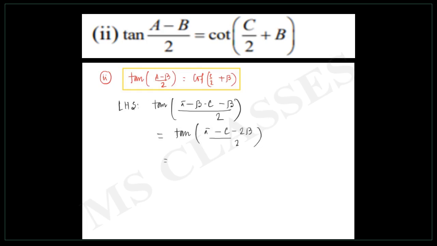Now on simplification, what can we write? Tan (pi minus c plus 2b) by 2. Now it is an odd multiple of pi by 2. So this will be cot, so cot (c by 2 plus b). Why? Because it is in the first quadrant. C by 2 plus 2b by 2, that is b. And that is the RHS.